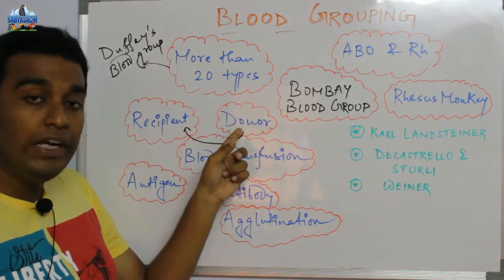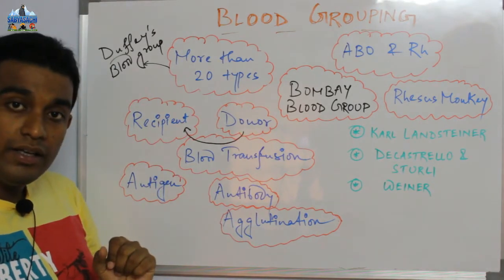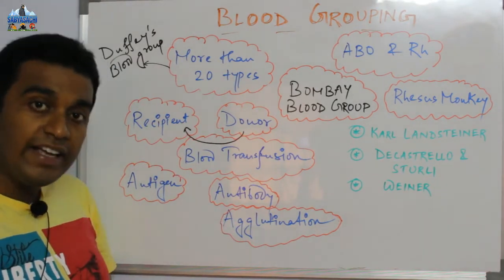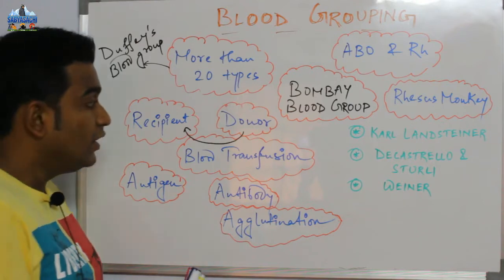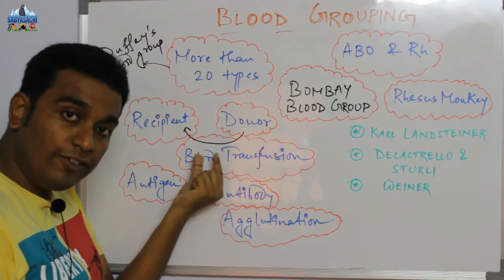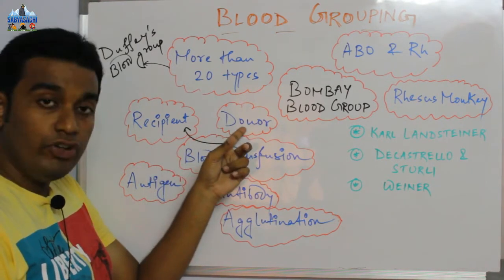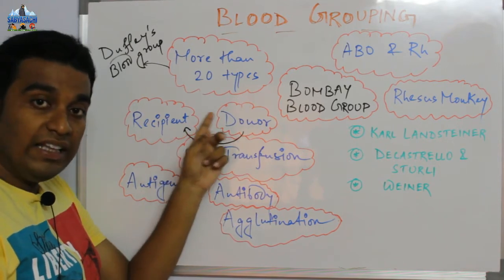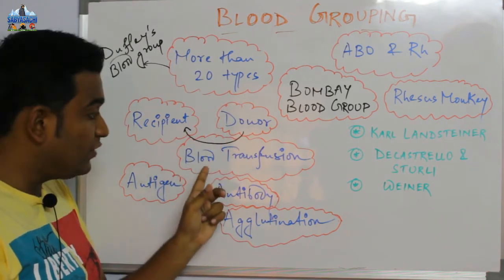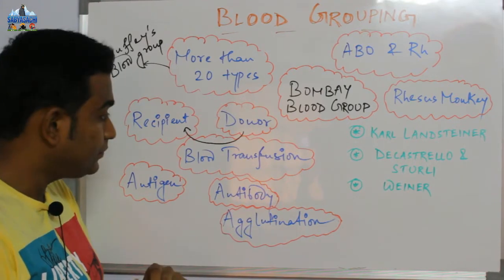So the donor will donate his or her blood to the recipient. In that case, the blood of the donor will be transfused to the recipient, from this individual to that individual, and that transfusion is known as a blood transfusion. I hope that makes sense.